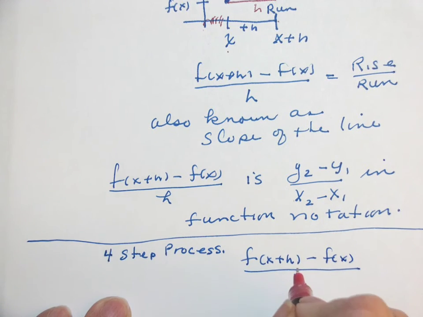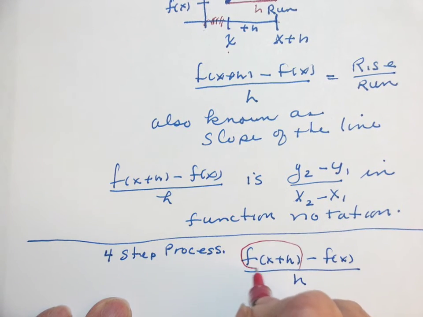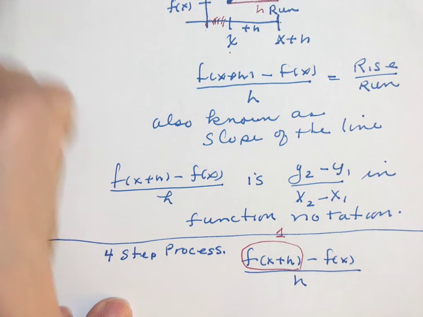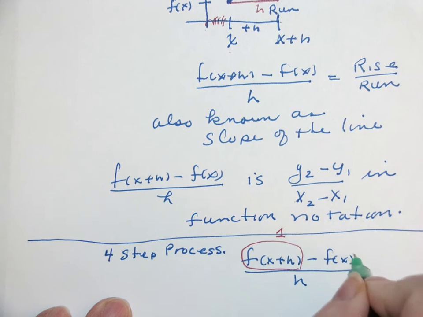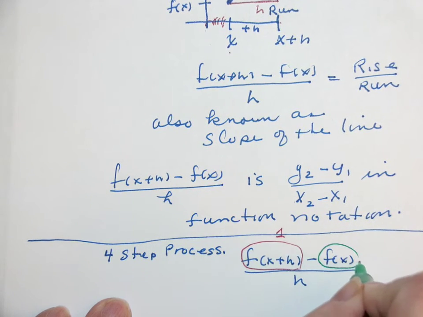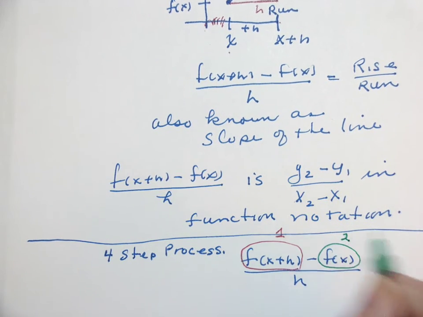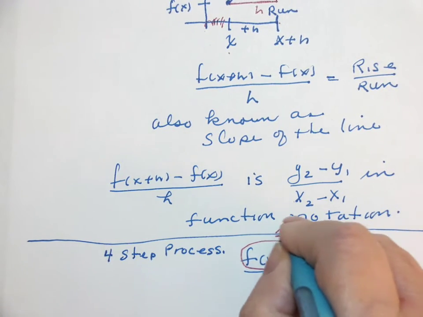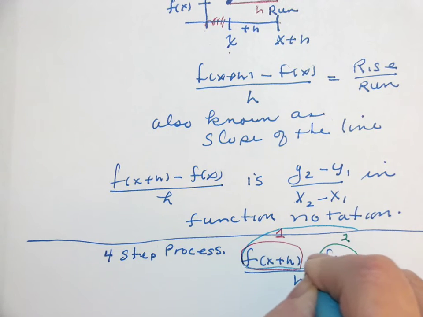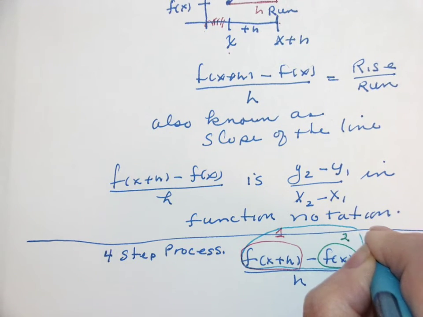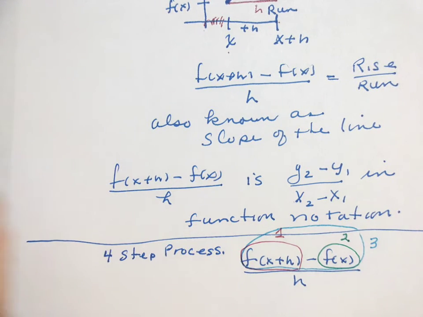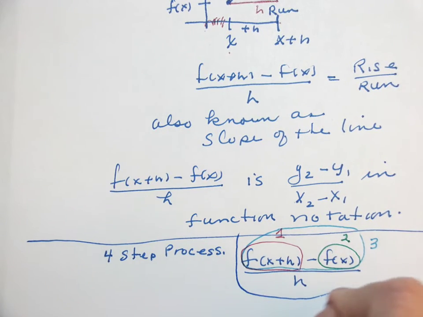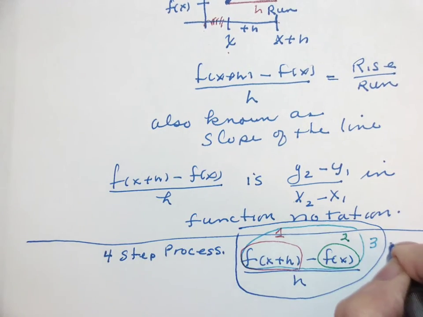I first calculate out f of x plus h. So that's step 1. I then calculate out f of x. That's step 2. Then I do the complete numerator. That's step 3. And then I do the whole thing. That's step 4.